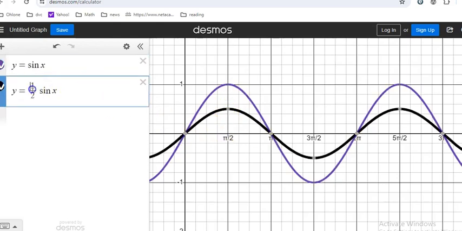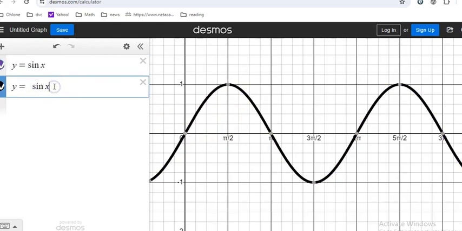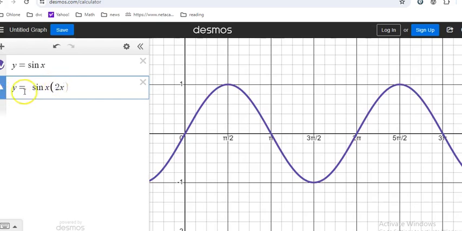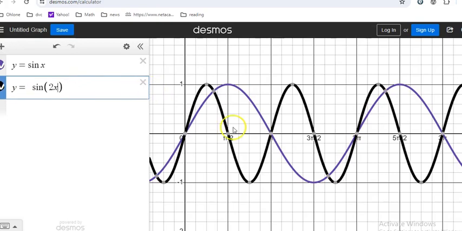What about if I multiply something inside? So if I say sine 2x, what would happen? It is a horizontal compression, right?